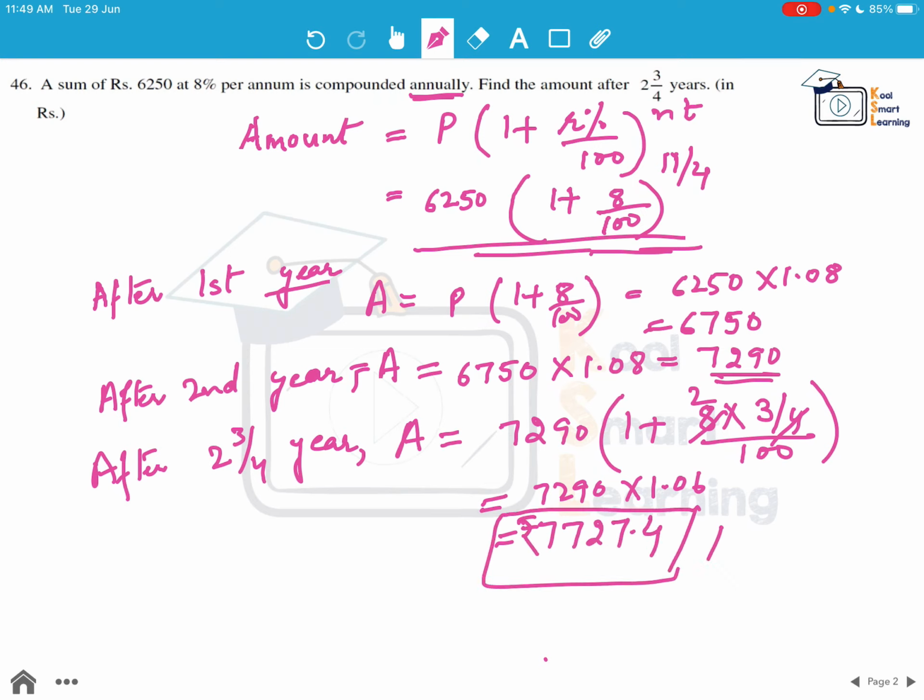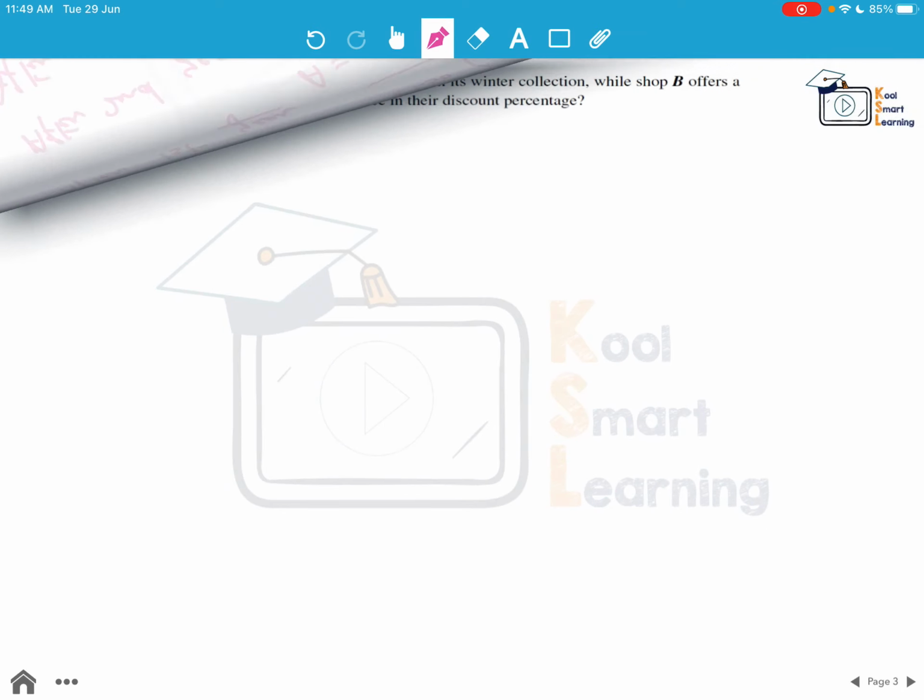So this is the answer to this question. Although we normally use this formula to find the amount or the compound interest, since it is not possible to calculate this without any calculator, we are using this approach and we get this as the answer.